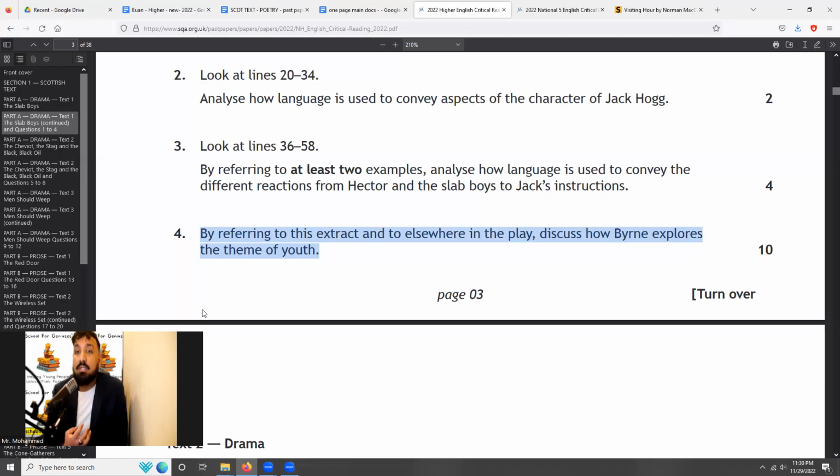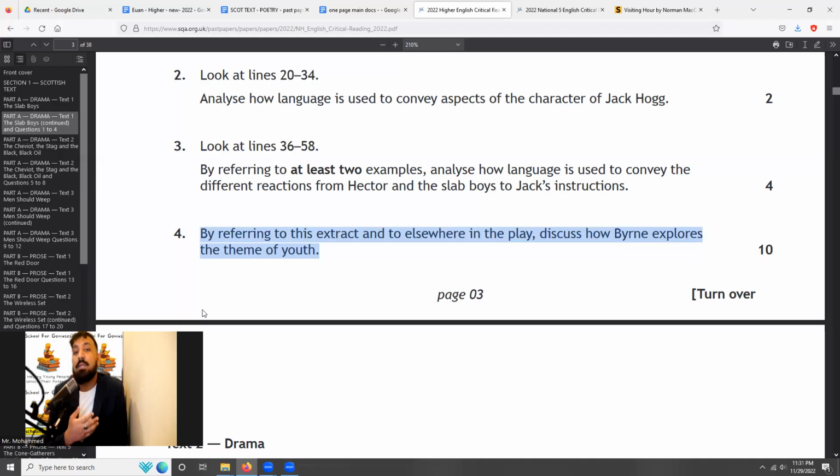If you're doing a play, again, you would most likely be comparing between one part of the play and another part of the same play. To make it simple, if you're doing a novel, a long book, or a drama, then you're comparing between two parts of the same text, maybe the beginning of the text and another part.